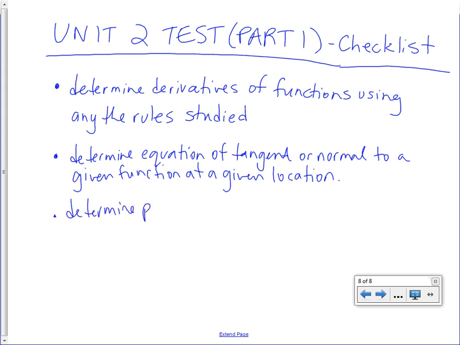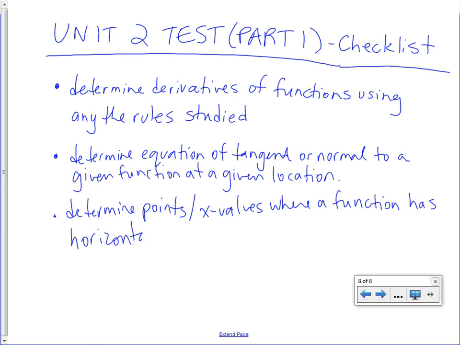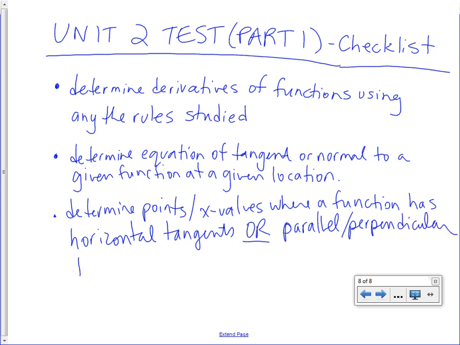Determine points or x values where a function has horizontal tangents or is parallel or perpendicular to a given line.